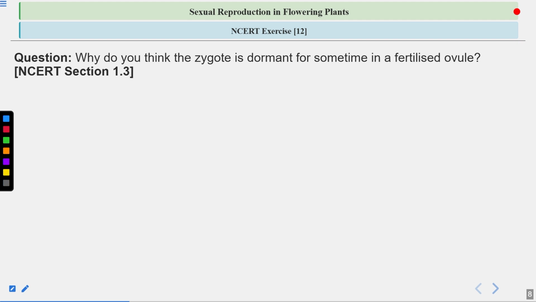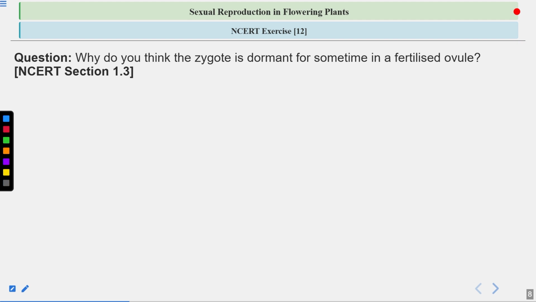Okay, now I'm taking the second question. Why do you think the zygote is dormant for some time in a fertilized ovule? A very, very important question. Why do you think the zygote has ceased its growth, with no division? It is in a dormant stage for some time.